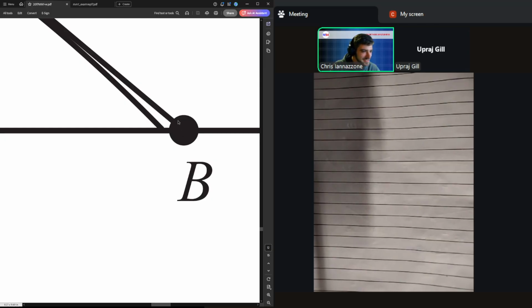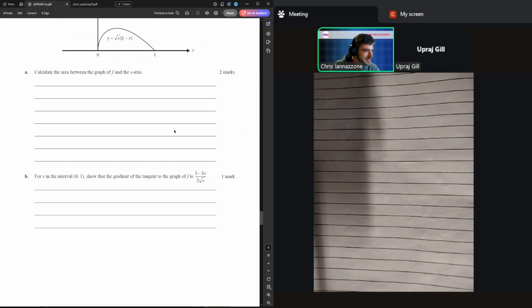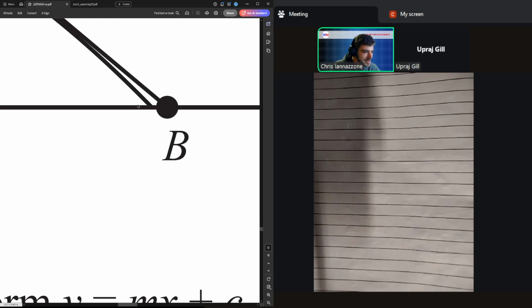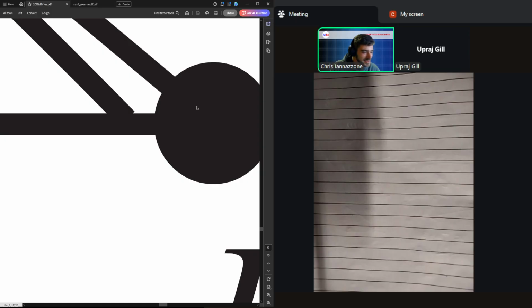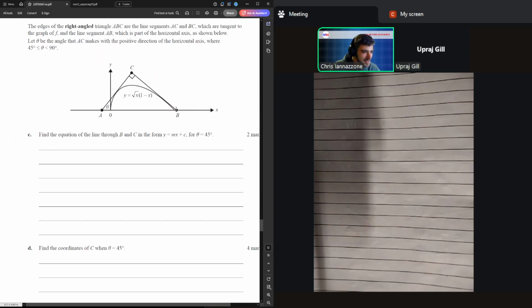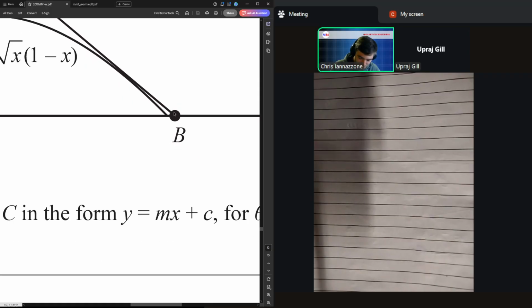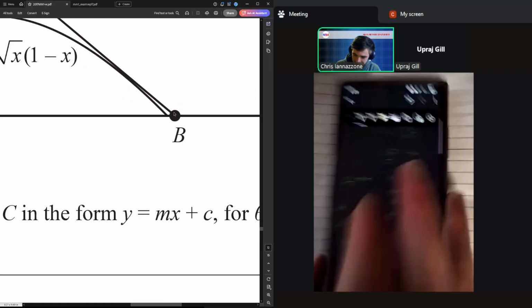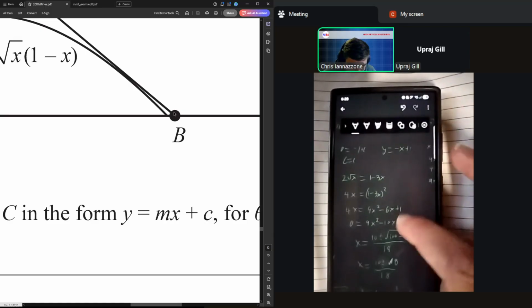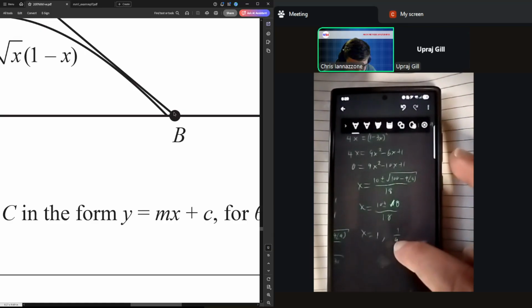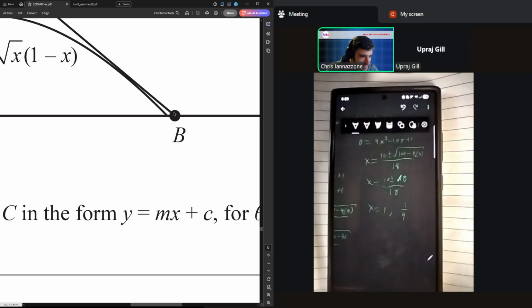Yeah. So they drew this. The graph is defined from 0 to 1, and yet they drew it over here. X equals 1 to me did not look legit. This is me having a panic the first time I did it, thinking why the hell have I got x equals 1 and 1 over 9? 1 over 9, definitely not.